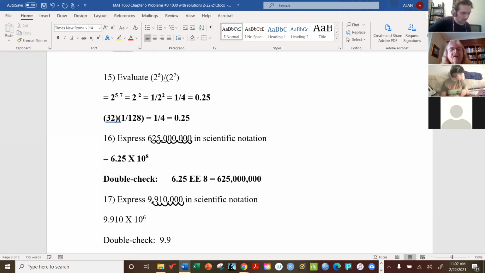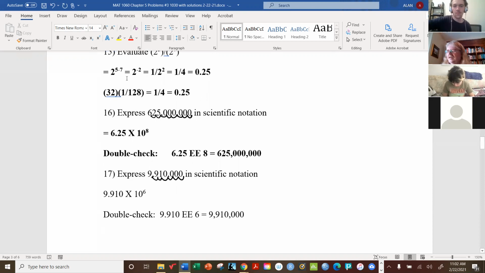Type in your calculator 9.910 EE6 and see what it comes back with. And you'll see, 9.910 double E6 equals, yep, there it is. That's right. We like to double check.